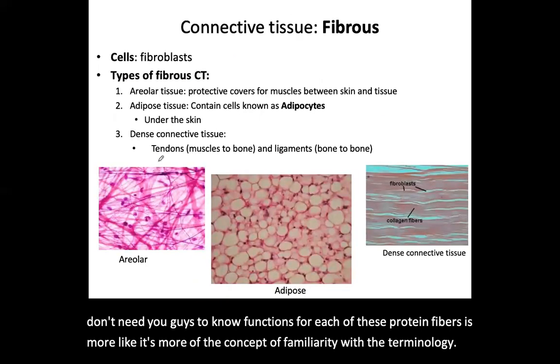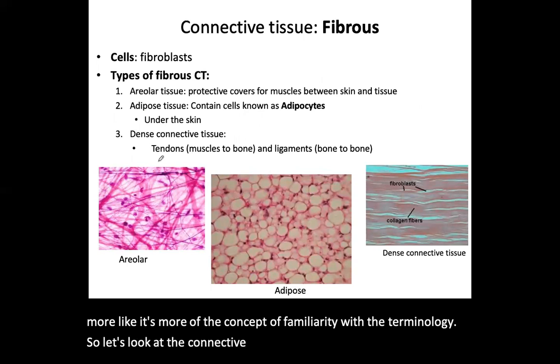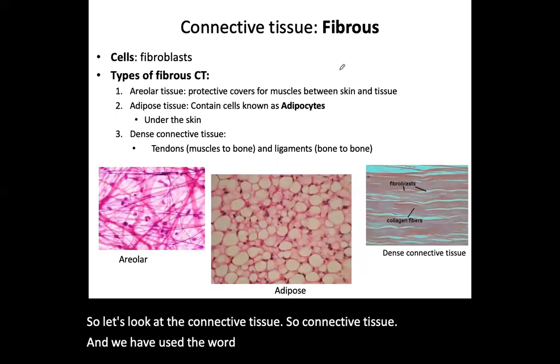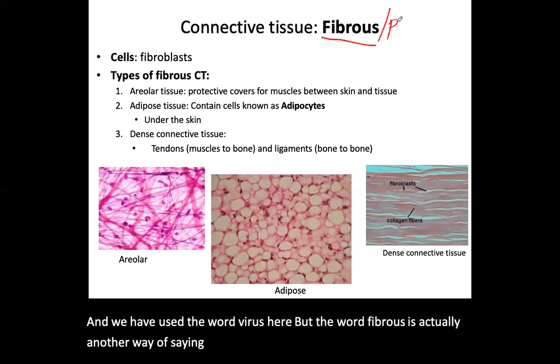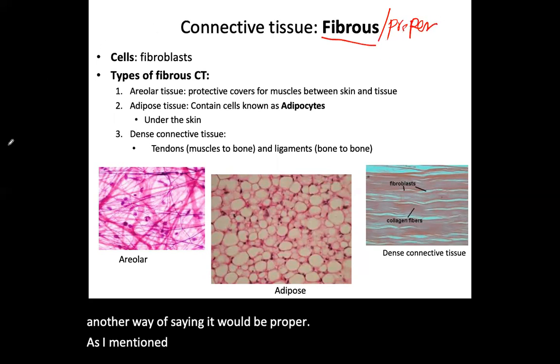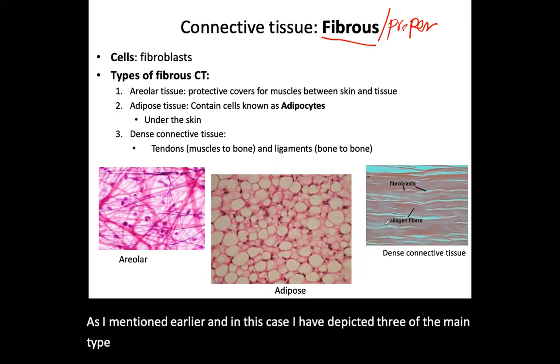So let's look at the connective tissue. We have used the word fibrous here, but the word fibrous is actually another way of saying proper, as I mentioned earlier. In this case, I have depicted three of the main types of connective tissues that we have in terms of proper.